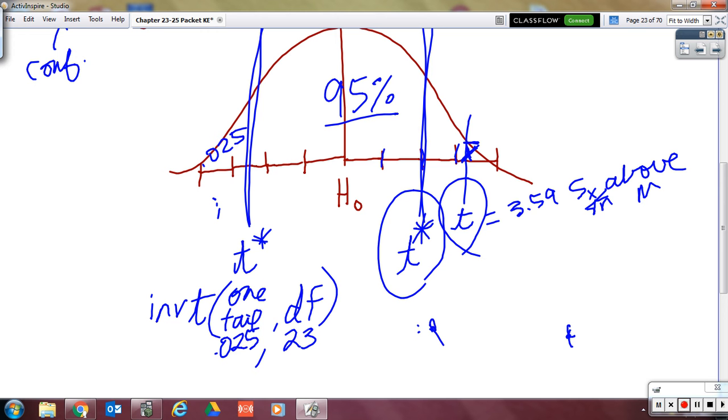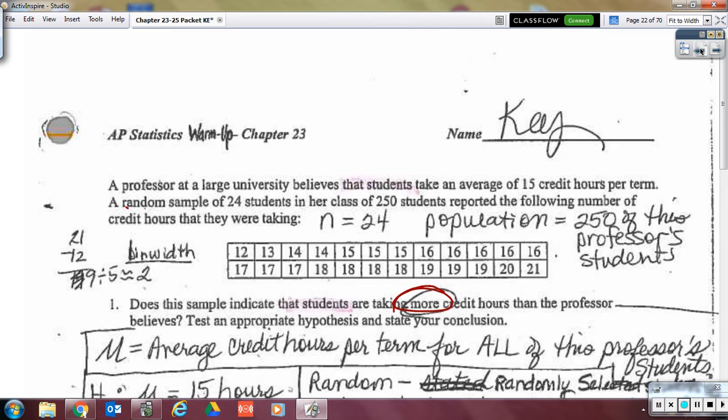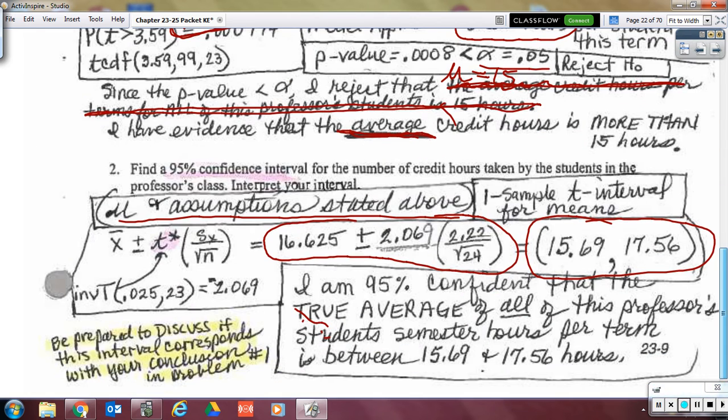So T star is not the same as T. My T star was a little past 2. When I did my interval, I got 15.69 to 17.56. So I am 95% confident that the true average of all of this professor's students' semester hours per term is between 15.69 and 17.56 hours.